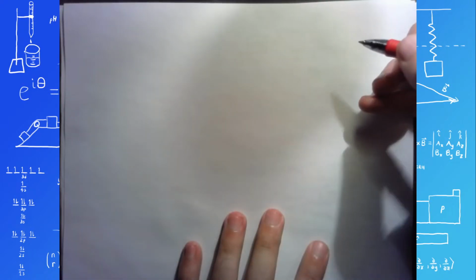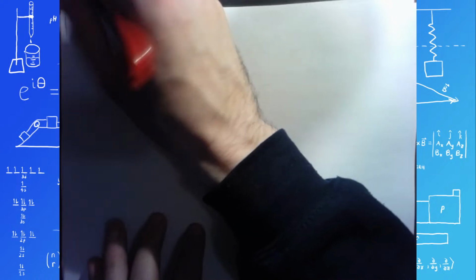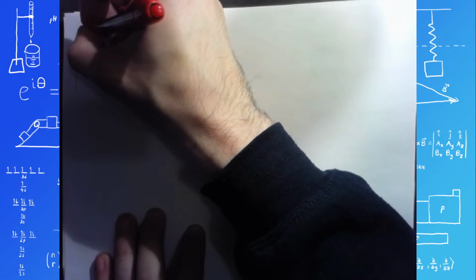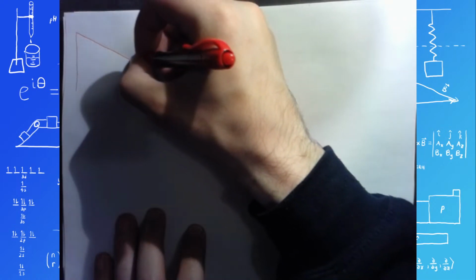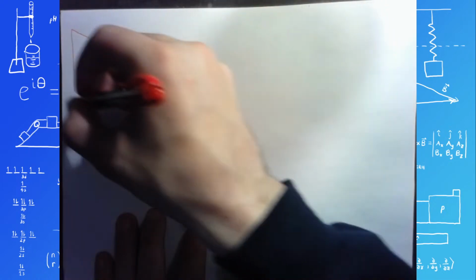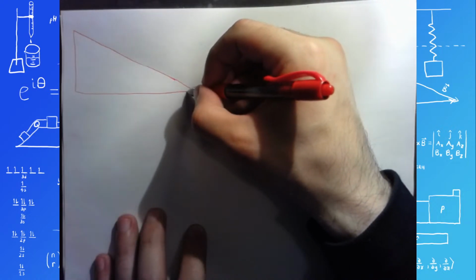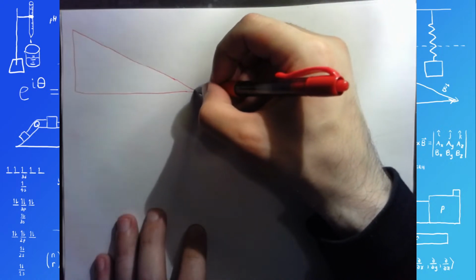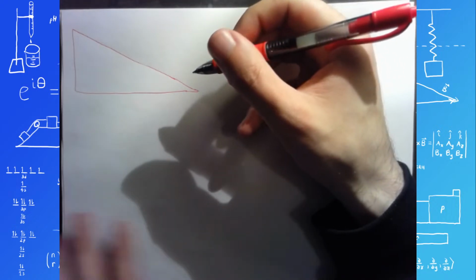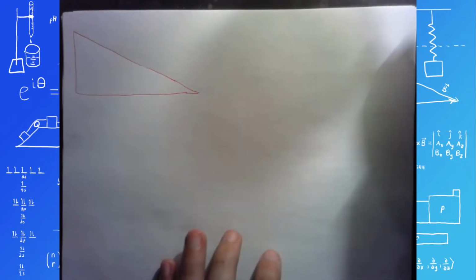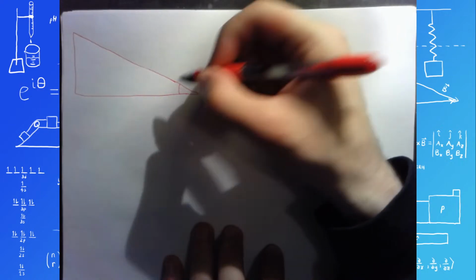So we have, I guess I'll draw it over here. Actually, no, I'll draw it here. And I'll draw it with the incline going down and to the right. Okay, so you have an inclined plane or ramp or just an incline, whatever you want to call it, or a slope.